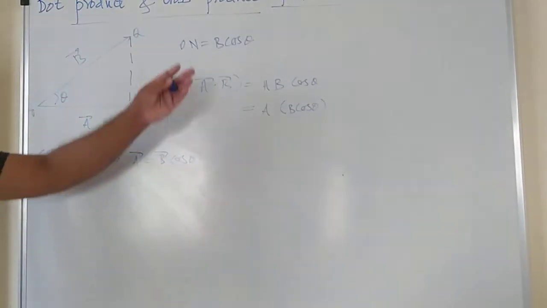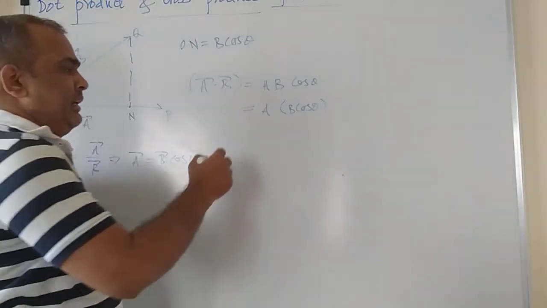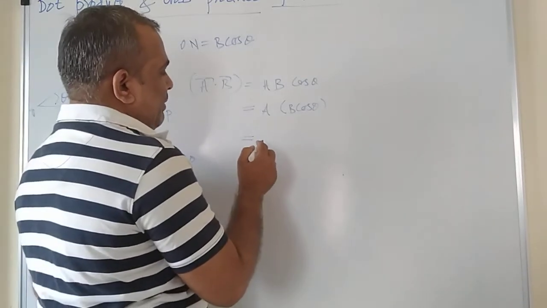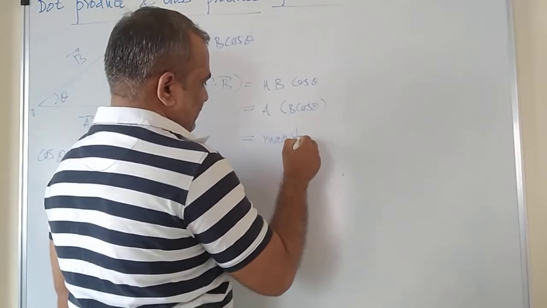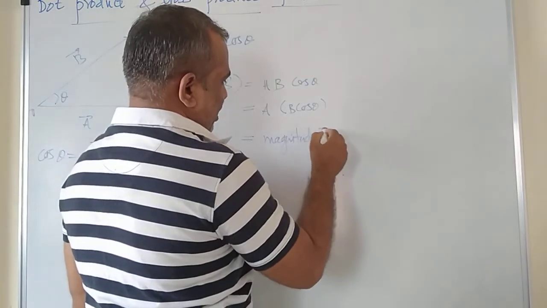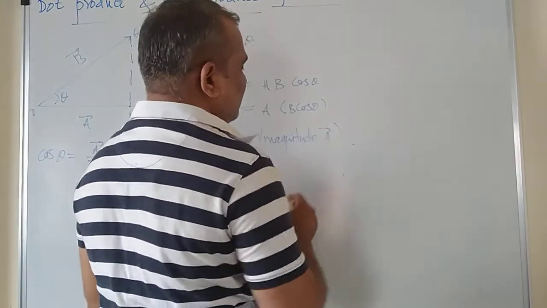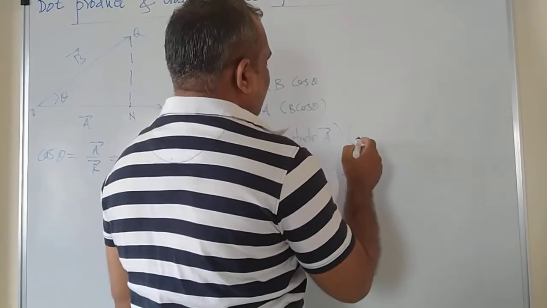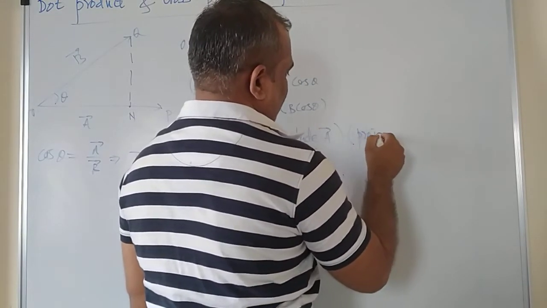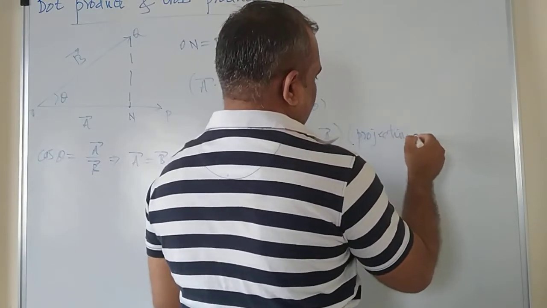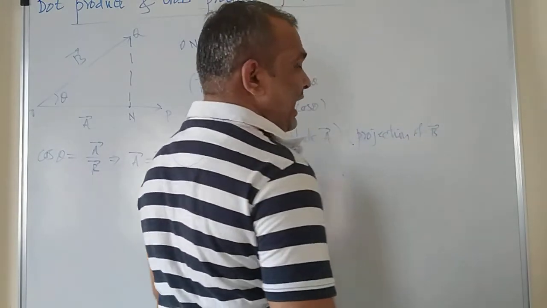So the dot product can be written as the magnitude of the first vector A bar into the projection of vector B bar along A bar.